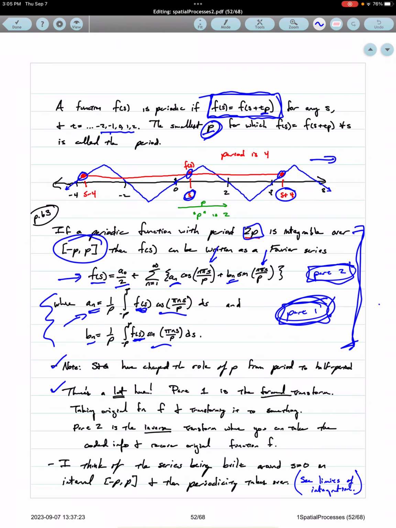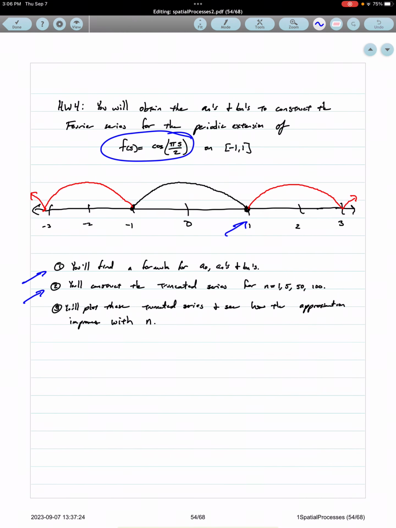And the fundamental result given here says we can reconstruct that function through this basis, but we have to get the right coefficients. And the recipe for getting the right coefficients is given here. We start with our function. We integrate it with respect to sine and cosine. That gives us our coefficients. And the way we're thinking of this recoding is we started with the function, we've recoded it as coefficients. And those coefficients contain all of the information of the original function. And I think that this homework assignment will help to illustrate that.